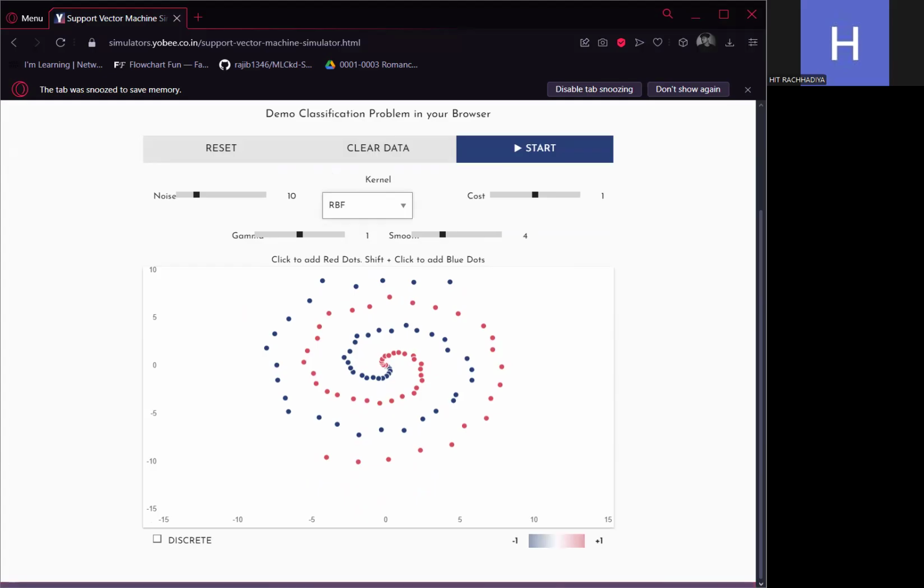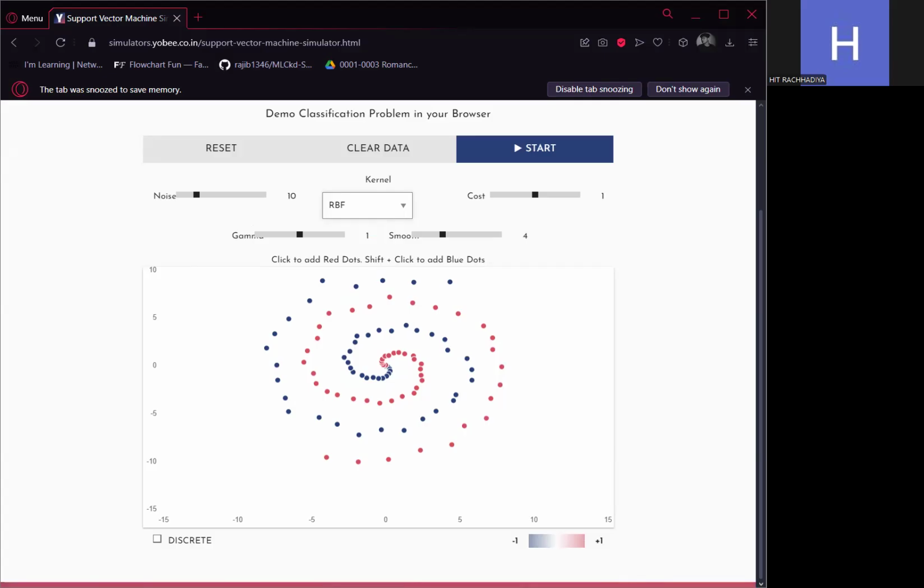So it determines the shape of the decision boundary. Here only two kernels are given, but there are four commonly used kernels: linear, polynomial, RBF, which is radial basis function, and the fourth is the sigmoid kernel.